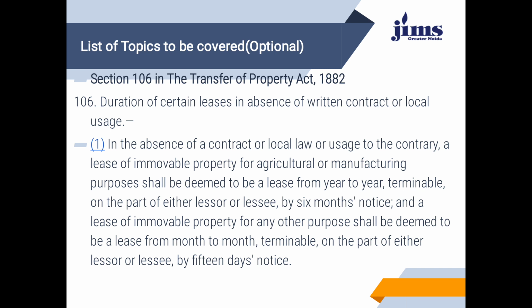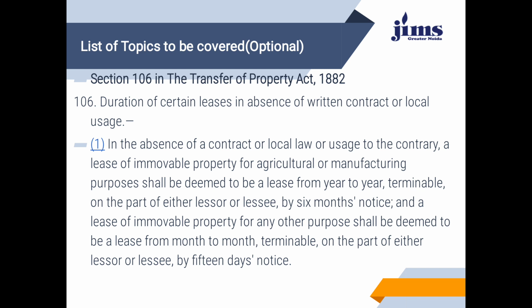First is lease regarding the immovable property which is used for agriculture purpose or manufacturing purpose. So if there is a property which has been leased for the agriculture purpose, and if there is no written contract or local law, then such lease will be treated as a lease from year to year, and it may be terminated by the lessor or the lessee by giving 6 month notice.